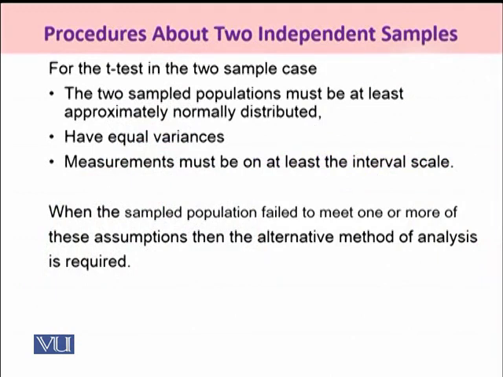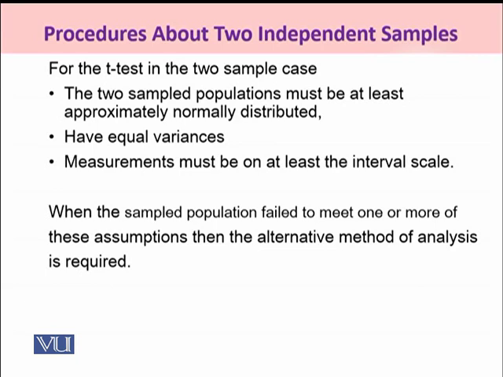So students, the procedures that we may use to test the parameters of two independent populations require certain assumptions. For example, if you recall, when we are talking about two populations and we need to compare the population means, whether those population means are equal or not equal, then we apply the t-test for independent samples.